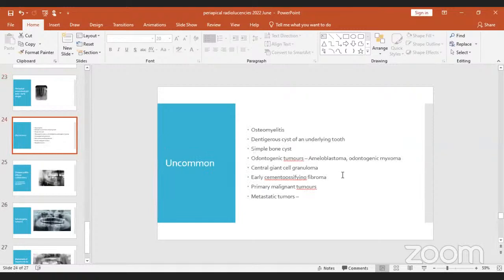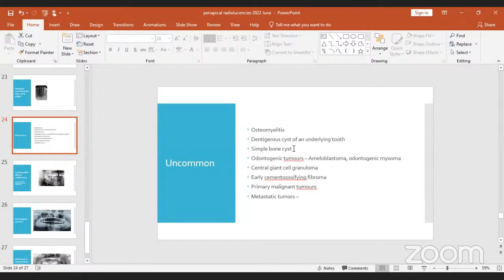Then we have other uncommon lesions which may present with radiolucencies in the maxilla or in the mandible. One of them is osteomyelitis, or a dentigerous cyst of an underlying tooth. Mostly dentigerous cysts you'll find as pericoronal radiolucencies, but if it involves an underlying tooth, then it can be periapical, like a deciduous tooth.